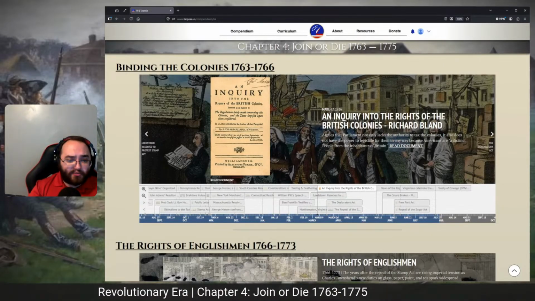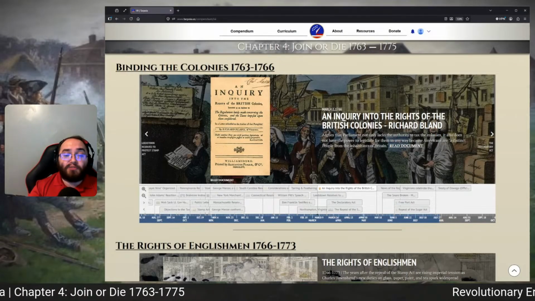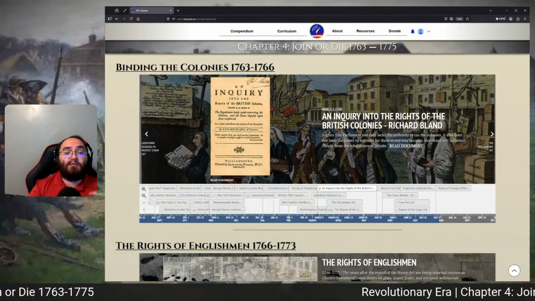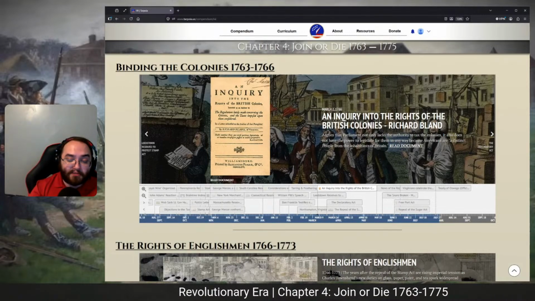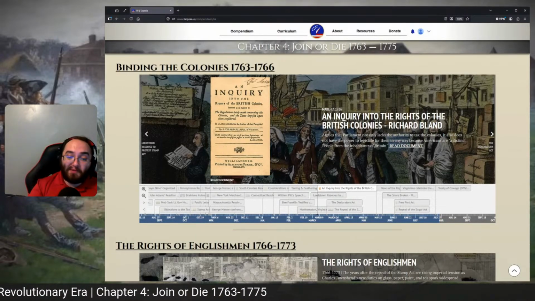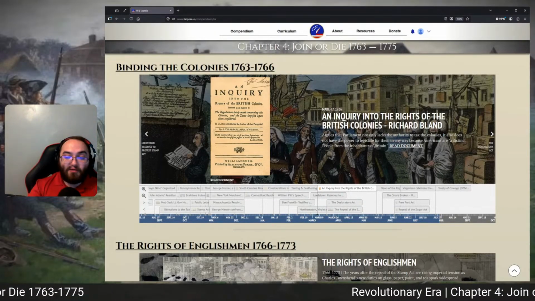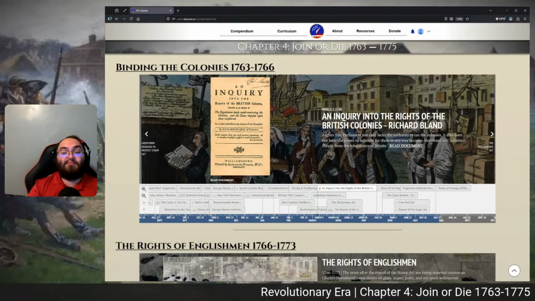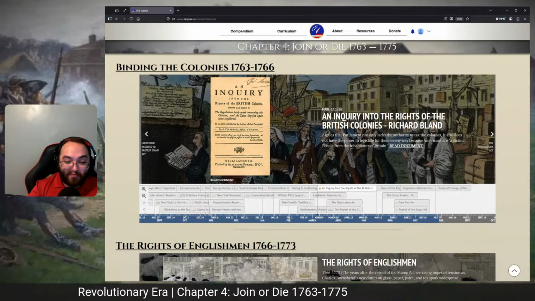Most patriots at this time are arguing that they are still British subjects that deserve the same rights as their fellow Englishmen in England. Now, we're starting to see some people, like Richard Bland, argue that Americans are a distinct group of people.